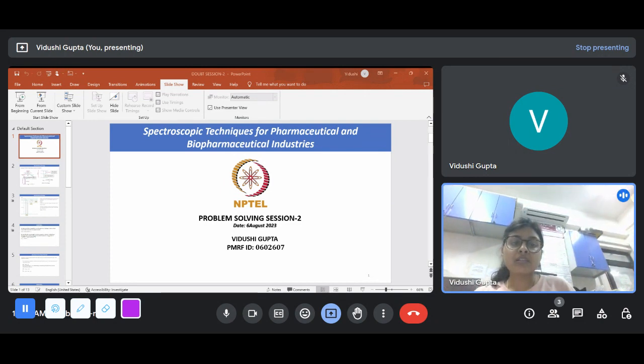So how many transitions are there from higher orbit to the second orbit? Only these three transitions. That is from n equals 5 to n equals 2, n equals 4 to n equals 2, n equals 3 to n equals 2.